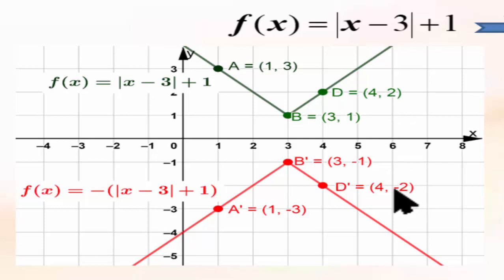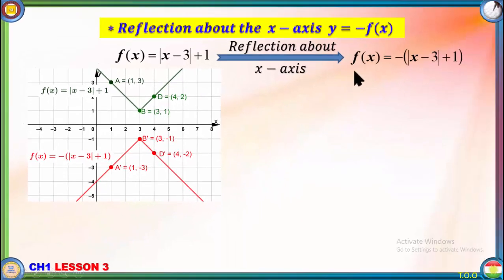In this case, only the sign of y is changed. f(x) becomes multiplying this function, absolute value of x minus 3 plus 1, by minus, so minus multiplied by the function, and opening this bracket it becomes minus absolute value of x minus 3, minus 1.